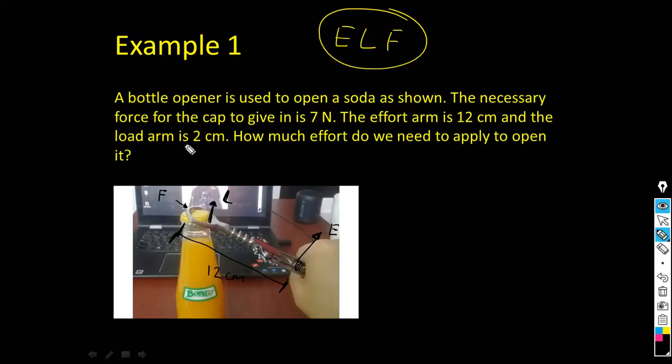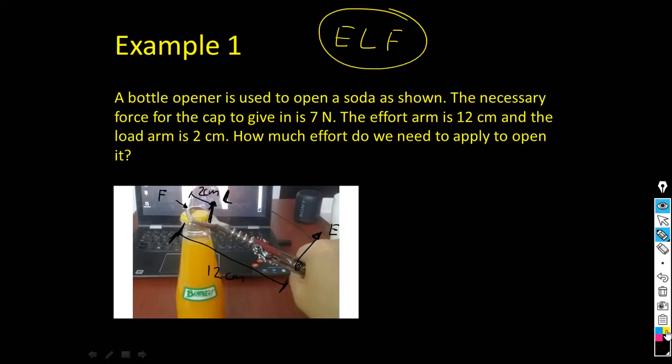And the load arm is 2 centimeters. The load arm is the distance from the fulcrum to the load. So this little part in here is 2 centimeters. Okay. All right. So we have all the information to calculate the effort that we need to apply on the extreme of the bottle opener in order to open the cap.